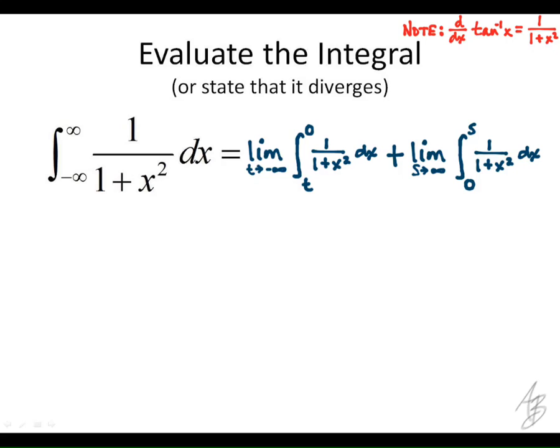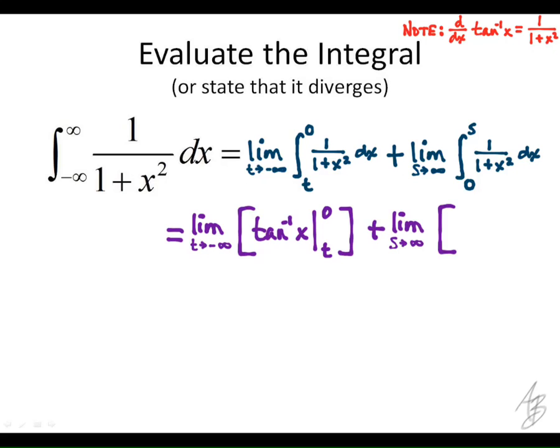The derivative of the inverse tangent, or the arctangent, is 1 over 1 plus x squared. So what does that mean? That means that to evaluate these integrals, we're going to use the inverse tangent. The first one is going to be the limit as t approaches negative infinity of the arctangent from t to 0. And the second one's going to be the limit as s approaches positive infinity of the arctangent from 0 to s.